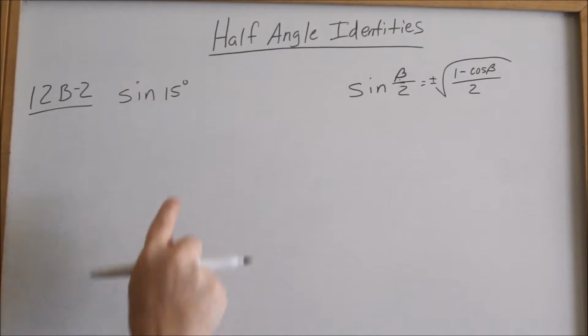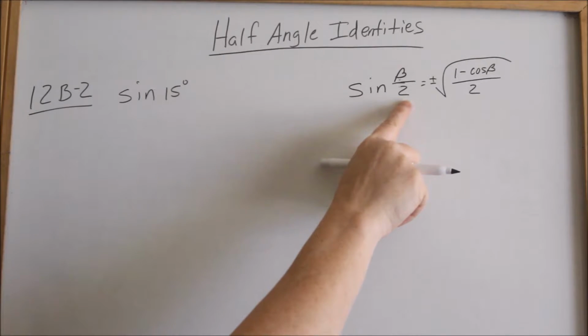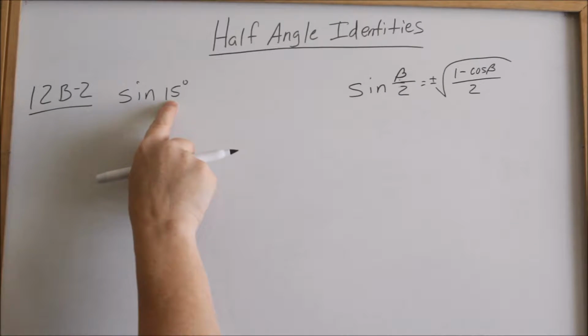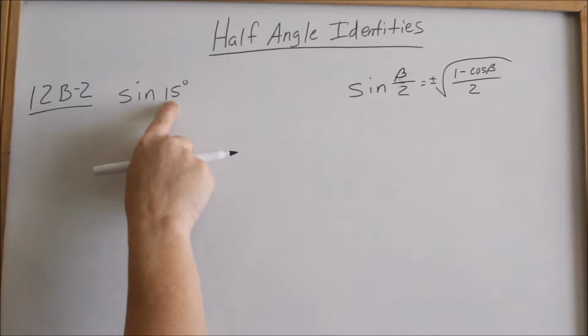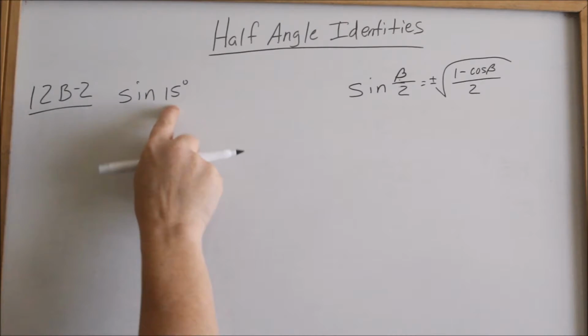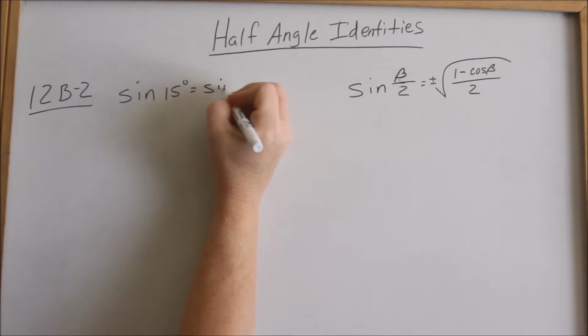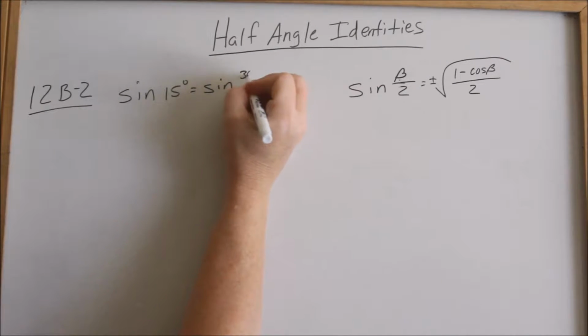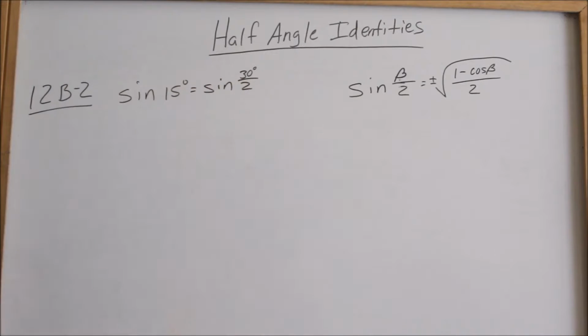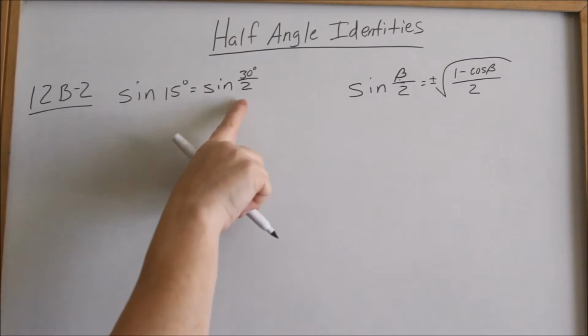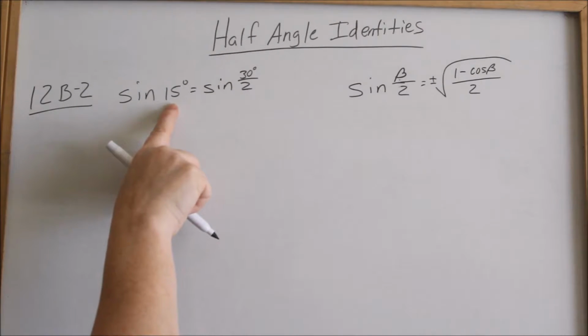In order to turn this into a half angle, our beta needs to be double this amount. In other words, sine of 15 degrees is the same thing as sine of 30 degrees divided by 2, because 30 degrees divided by 2 is 15 degrees.